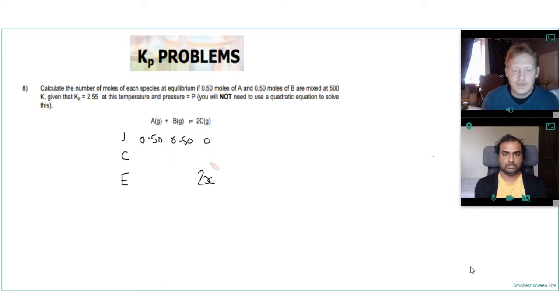And therefore the change in C must have been 2X. And what would the changes in A and B be? Well, half of 2x, which would be x. Excellent.